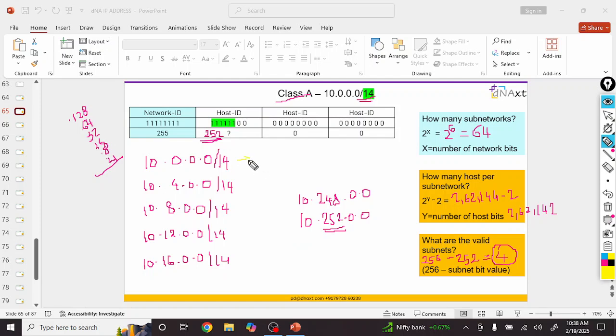Okay, let's write down their broadcast IDs. For the first, the broadcast ID will be 10.3.255.255. We'll be writing 255 in the third and fourth octets because they are purely host octets, and by definition the broadcast ID is that ID where all host bits are 1. So here they will all become 1 and the value becomes 255.255.